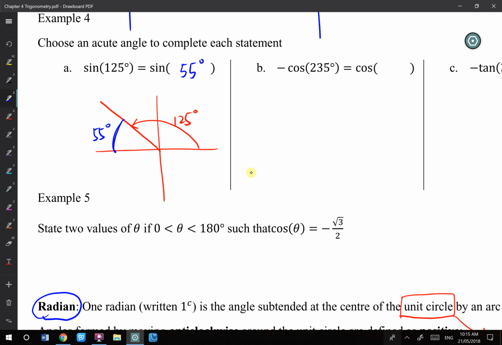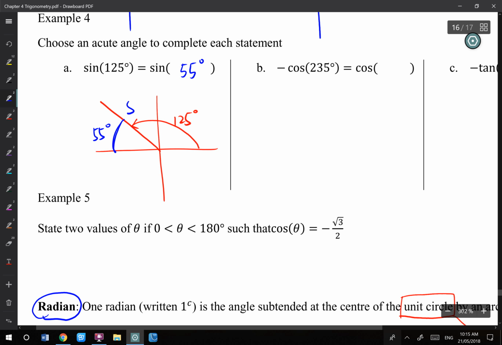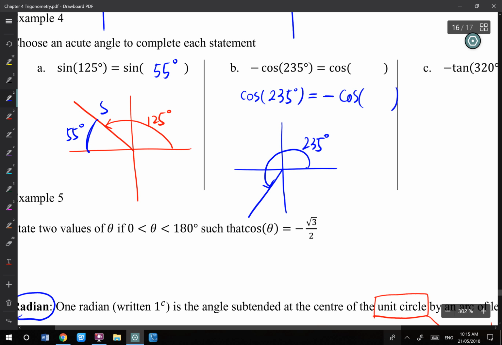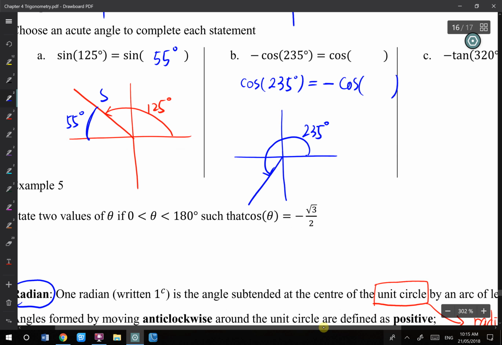Is the sine quadrant here? Well, this question, I can say that's cosine 235 degrees equals negative cosine what? If I make it this way, it's better to see what's going on. So 235 will be here, in the third quadrant. Well, this is the tangent quadrant.